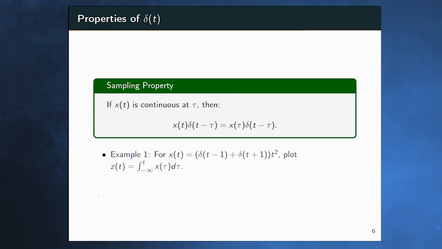By the sampling property, x(t) would be equal to, so we just distribute t squared among the two terms, and by the sampling property we are multiplying a signal and a delta, located at 1 and at negative 1.